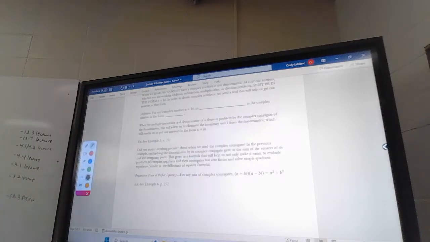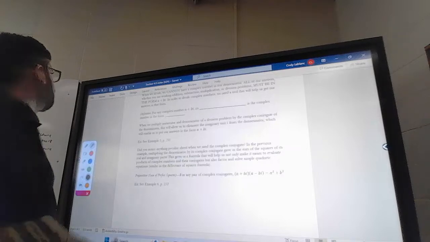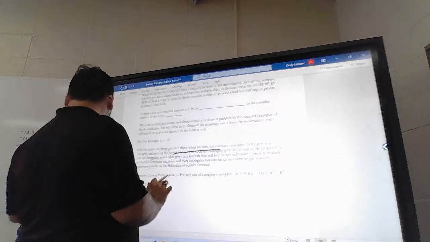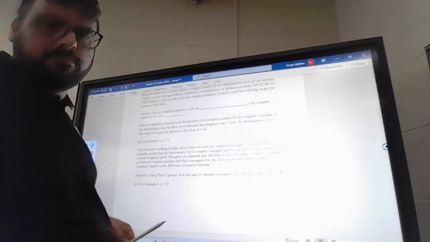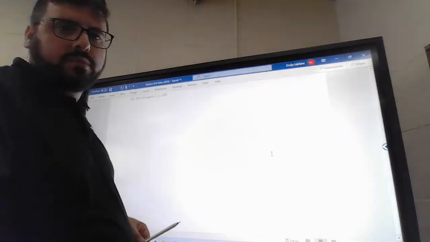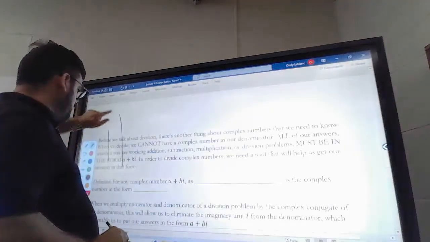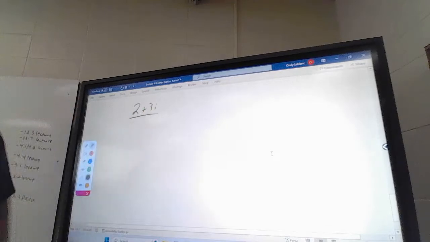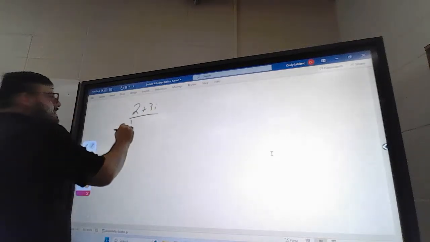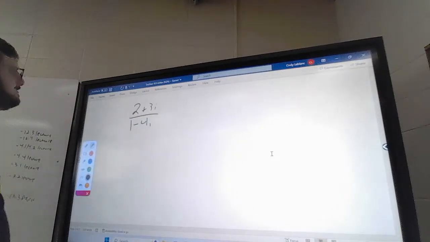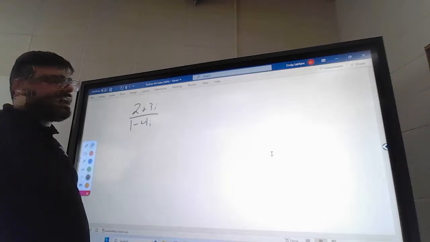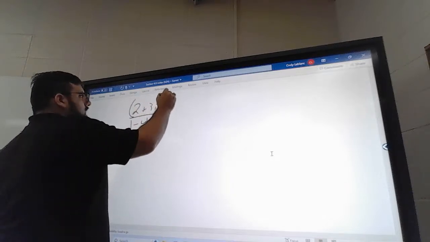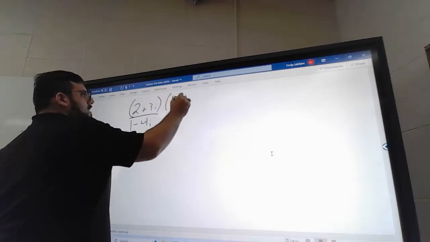Let's do one more example. 2 plus 3i divided by 1 minus 4i. 1 minus 4i is my denominator, so I'm multiplying both sides by 1 plus 4i.